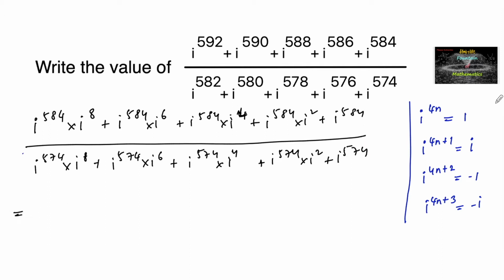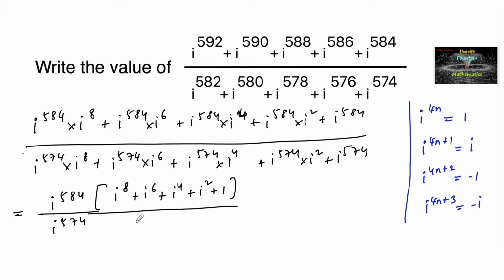So we can take out common i to the power of 584 in the numerator and i to the power of 574 in the denominator, so that in the numerator we have i to the power of 8 plus i to the power of 6 plus i to the power of 4 plus i to the power of 2 plus 1, and in the denominator also we have i to the power of 8 plus i to the power of 6 plus i to the power of 4 plus i square plus 1.